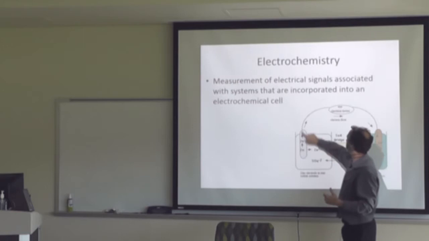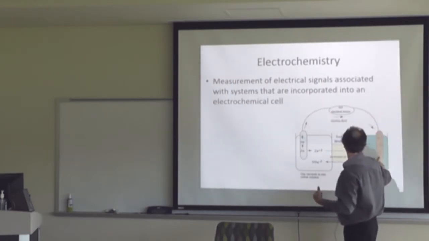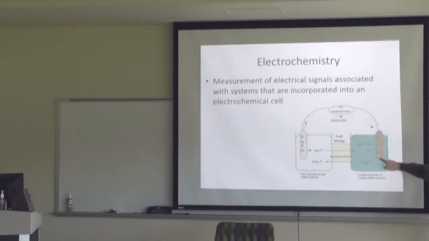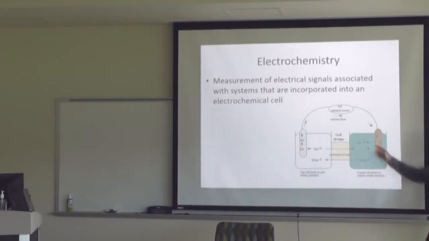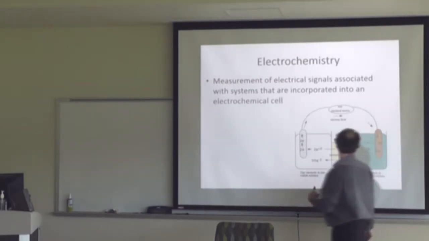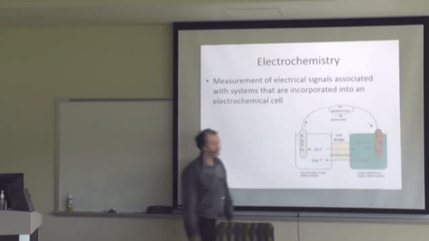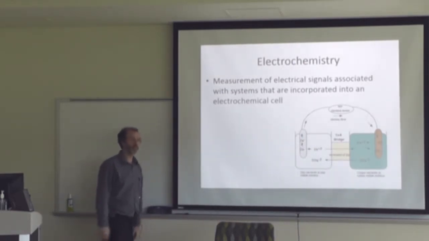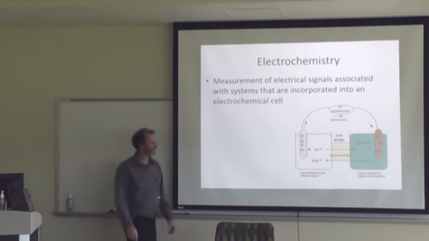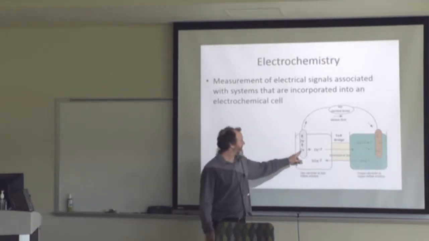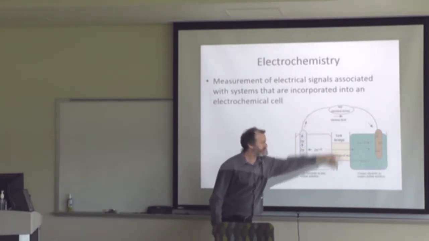In this case, we have electrons flowing here to the copper to react with copper 2 to produce copper. So the zinc is donating the electrons to the copper, basically.